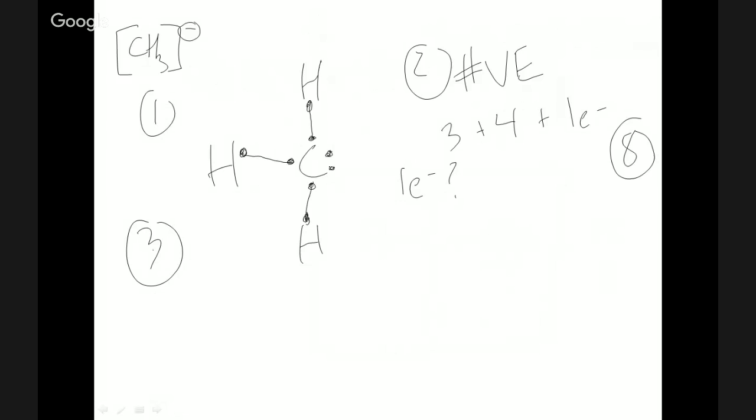Well, it has to go on the carbon. It's not just floating around in space. It's got to be on an atom. So now that we've added an electron to carbon, and we'll talk about how we calculate this number, there is a formal charge on carbon. So there's a charge on the molecule. The formal charge, meaning the assigned charge, goes on carbon. And so you would draw it like this. Would be the best way to draw this.